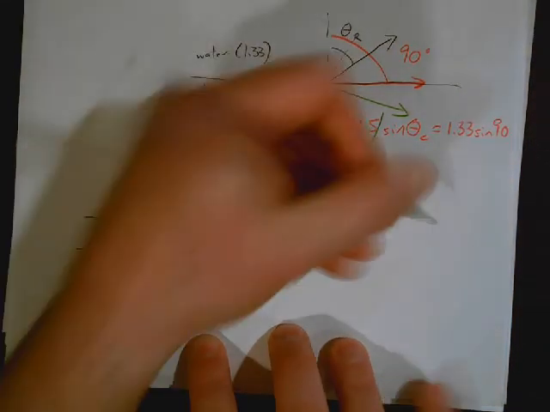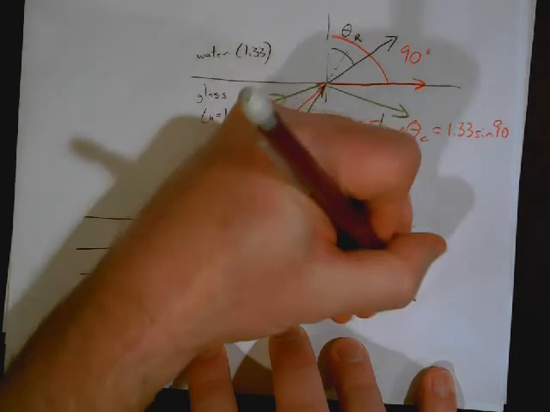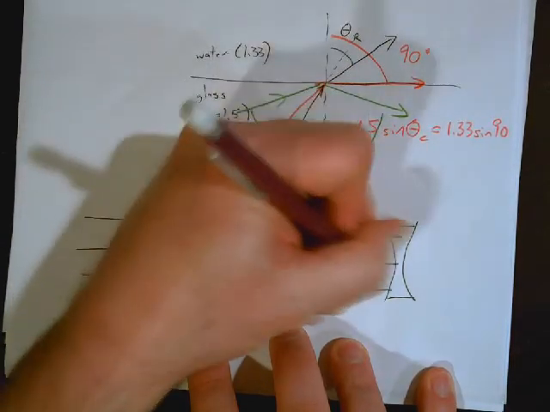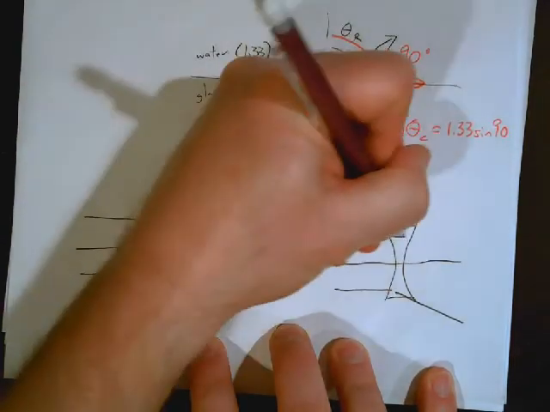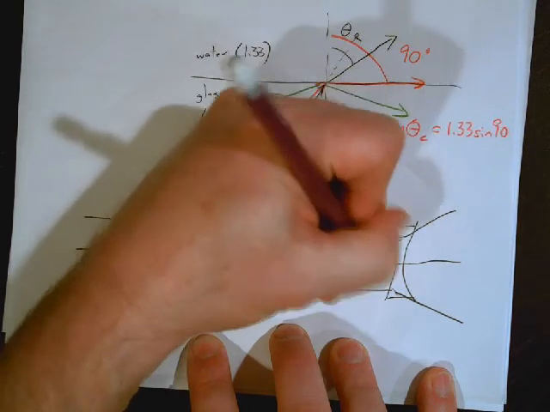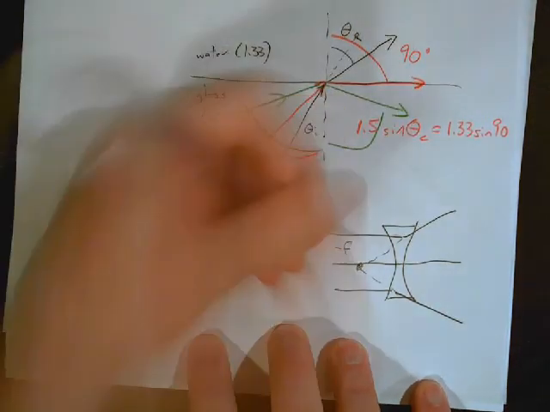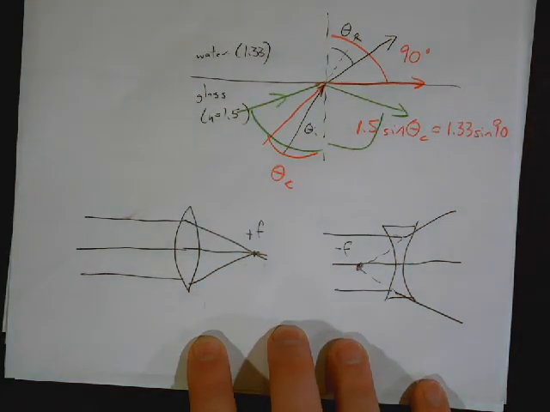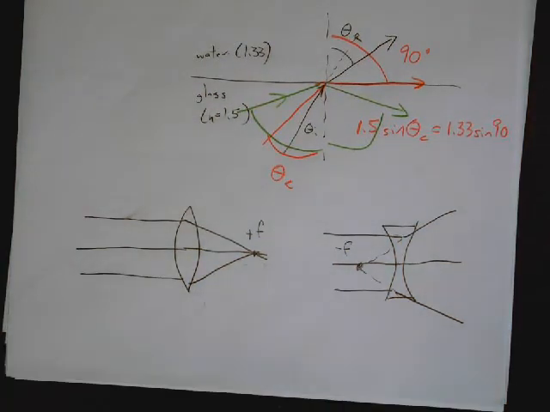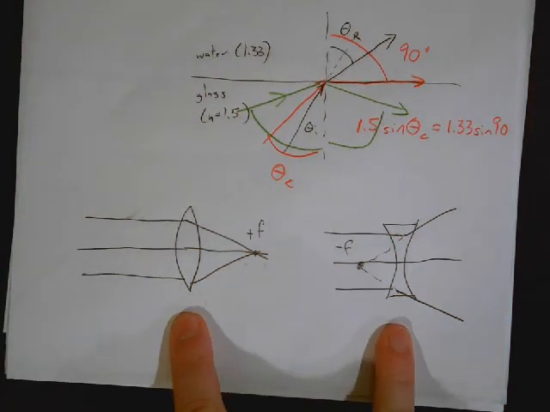Hey, look, my light is really going there. That would be a positive focal length for a convex lens, because the light bends together like this. And then my picture for the other one would look like this, where if I extend them back, I get a point here. That would be a negative focal point.